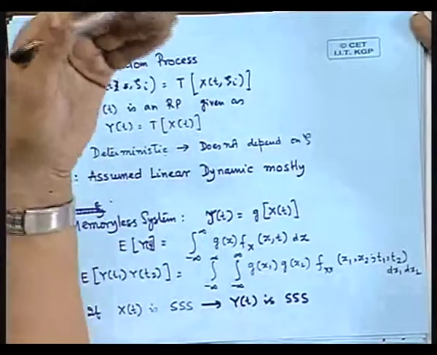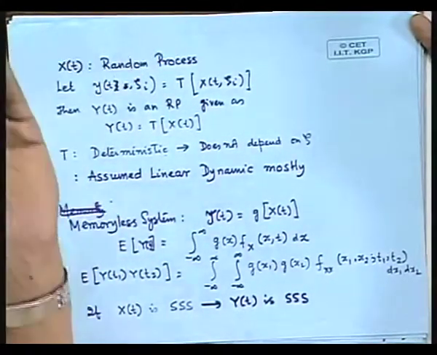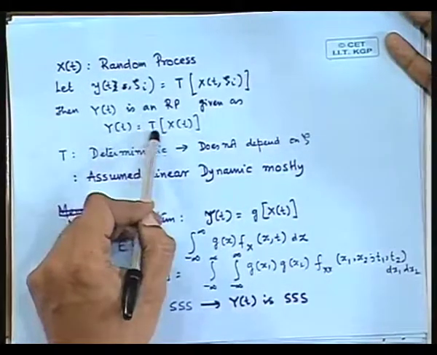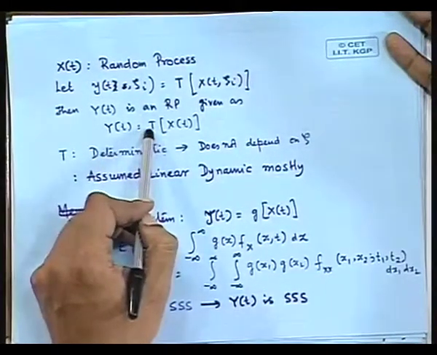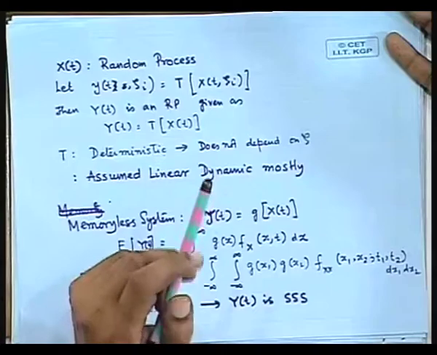So for each y you can associate it with an outcome, so it becomes a random process itself. So we say that y(t) is a random process, and we briefly say that y(t) is the output when you operate with T on x(t), right?